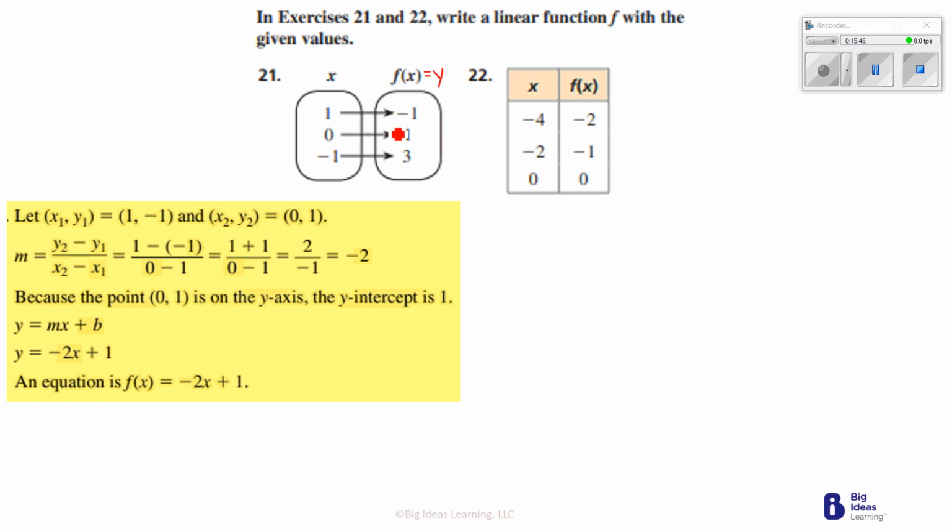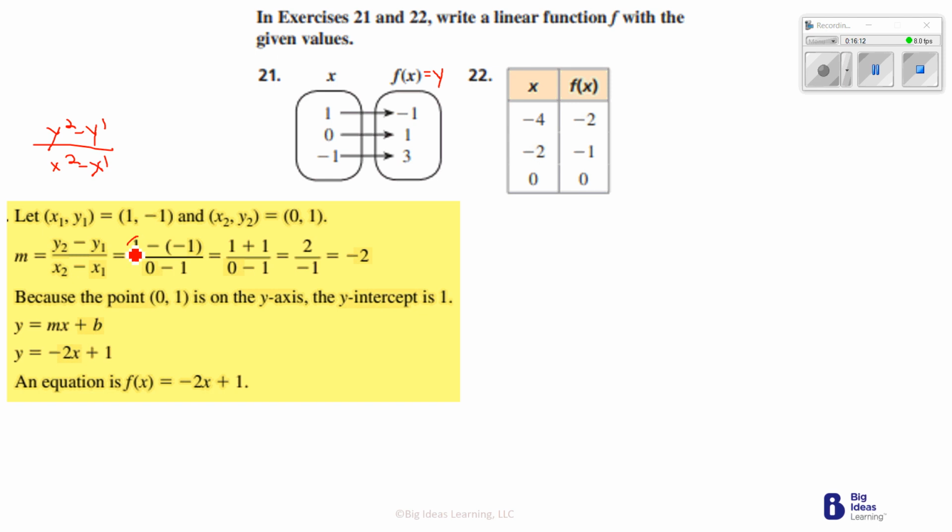So we have our x and y coordinates. In this particular example, they've taken 1, and they're using the formula y2 minus y1 over x2 minus x1.